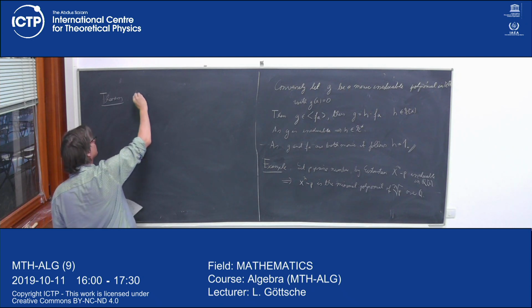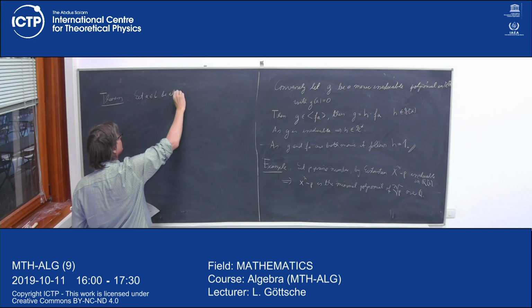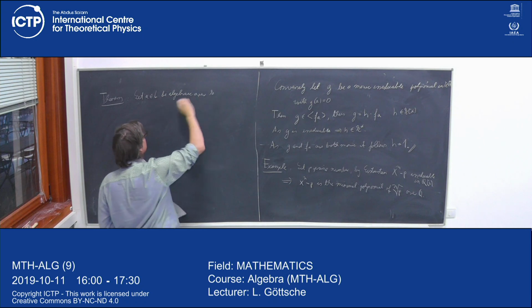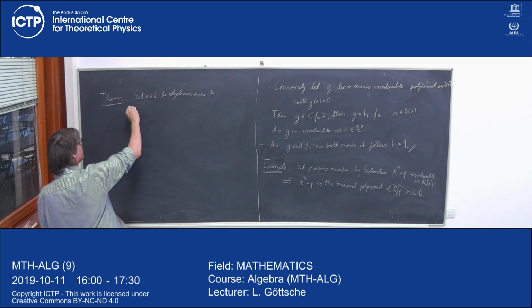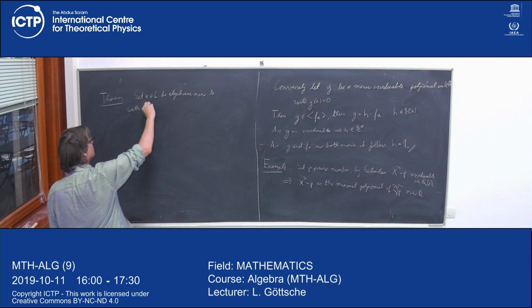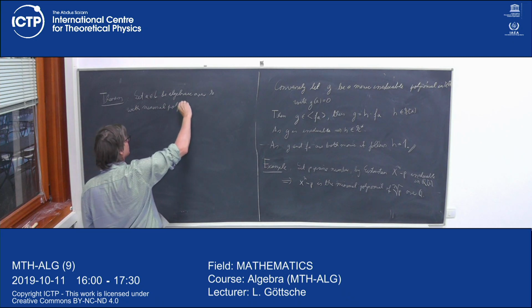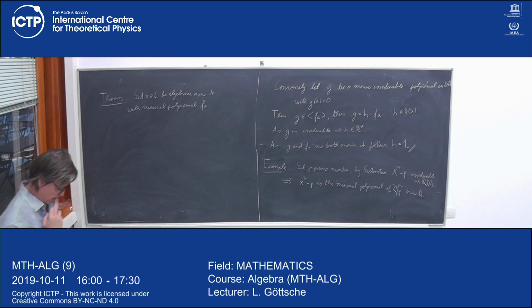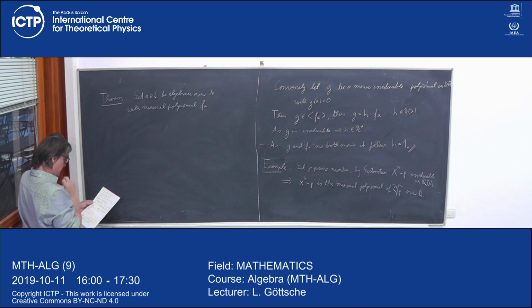So let A and L be algebraic over K, it's always understood that K over L is a field extension, with minimal polynomial FA. Then we have the following statements.